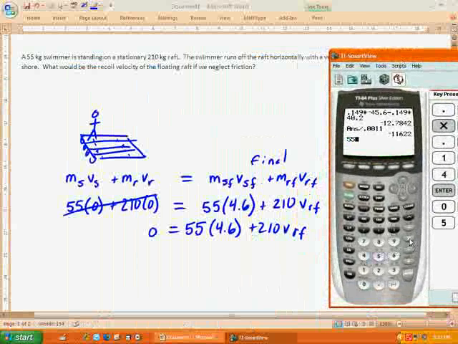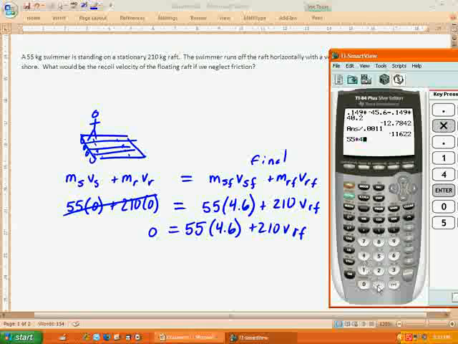We'll go 55 times 4.6, right? So that's 253, which we're going to subtract to the other side. So we'll have negative 253 divided by the 210, which is going to give us a velocity of negative 1.20.